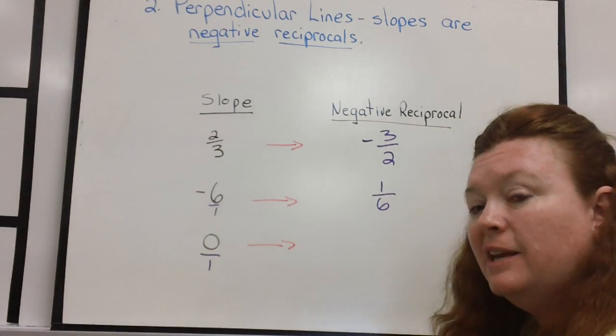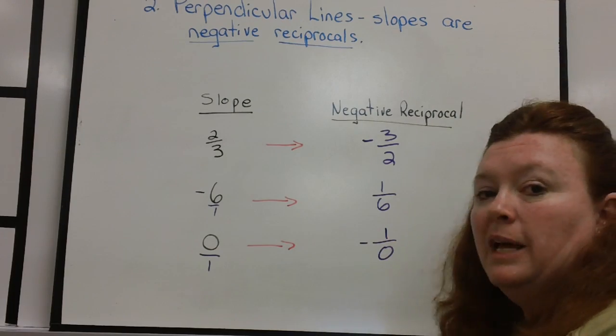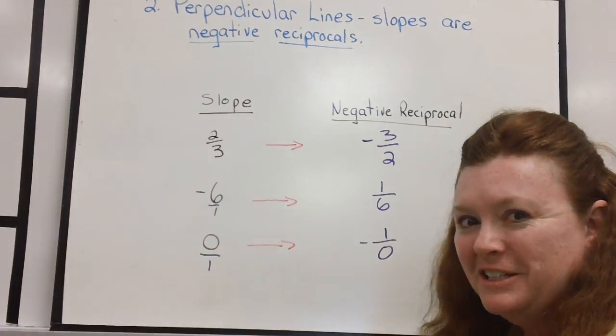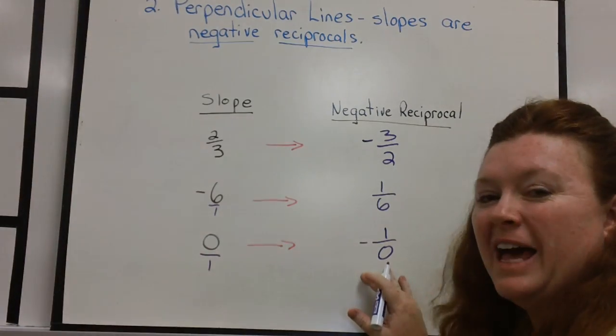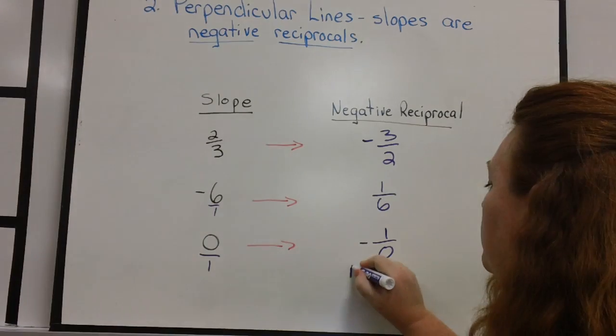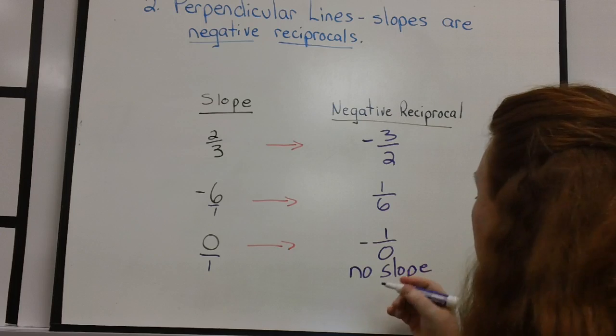And when I do the negative reciprocal, I get a negative 1/0. And I'm hoping that you will get kind of trained, so to speak, to look at that and say, not allowed to have 0 in the denominator, no slope. Or undefined, same thing.